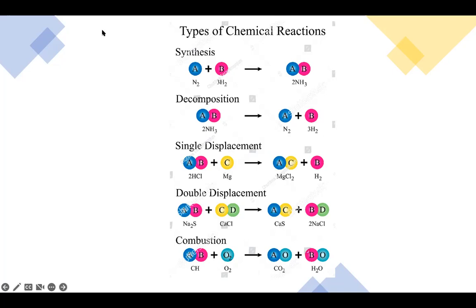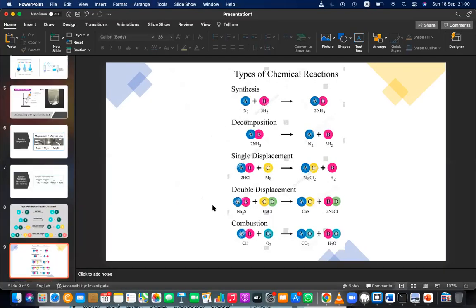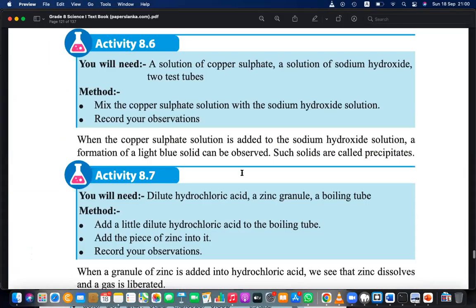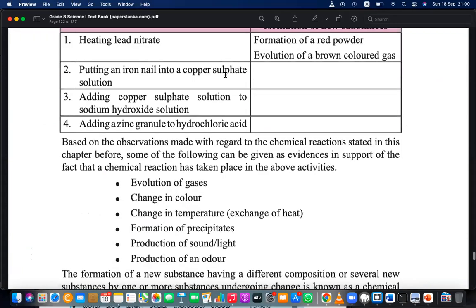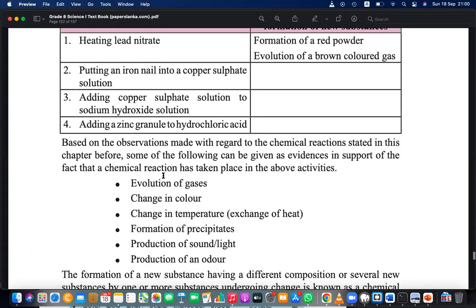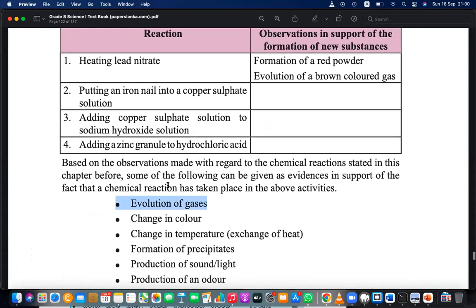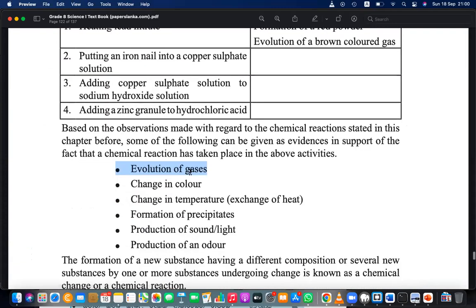Okay, that's it. I don't think I was too fast, but I have done the lesson related to chemical reactions. You have to fill this table as homework 8.2. These are the things we can see when there is a chemical reaction: emission of gas, change in color, change in temperature.